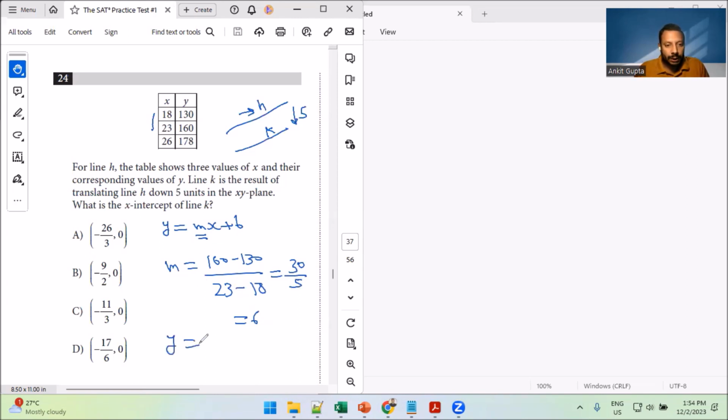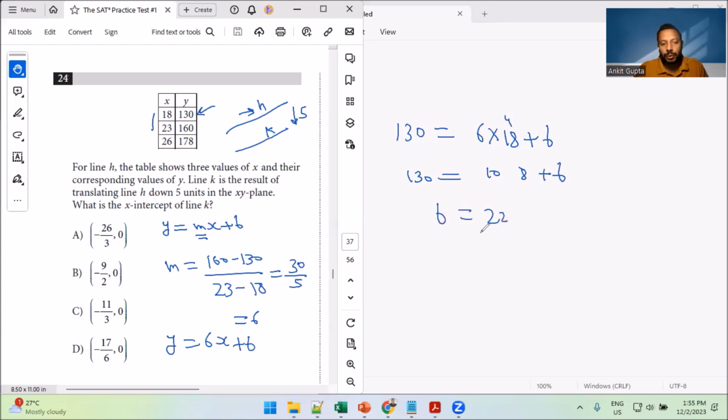So y is equal to 6x plus b. We can take any of the values. So let's take the first one and substitute the values of x and y. So 130 is equal to 6 into 18 plus b. So 130 is equal to 108 plus b. That means b becomes 22.